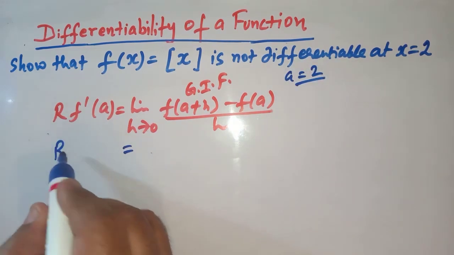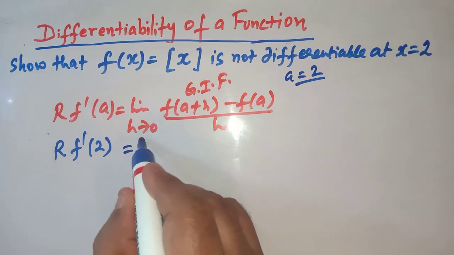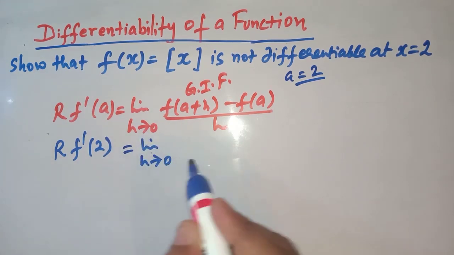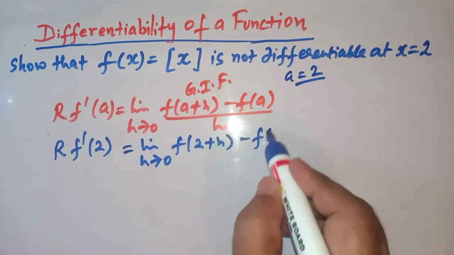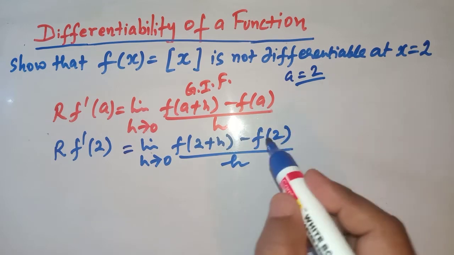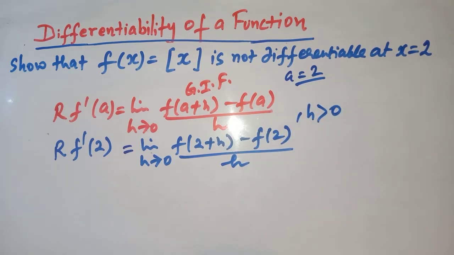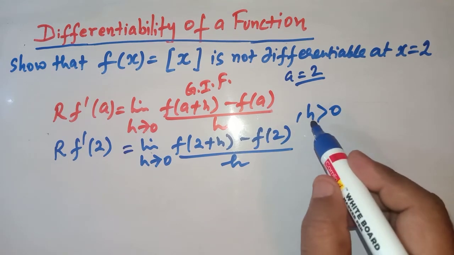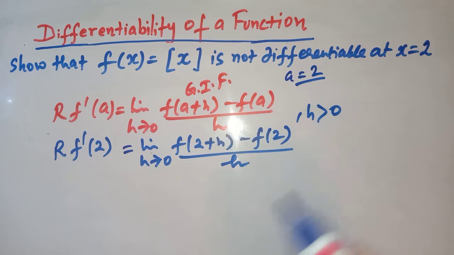So we have Rf prime of 2 equals limit h tends to 0 of f(2 plus h) minus f(2) over h, and obviously here h is greater than 0. It is a positive quantity, although h is infinitesimally very small.